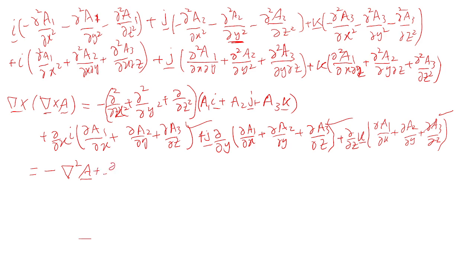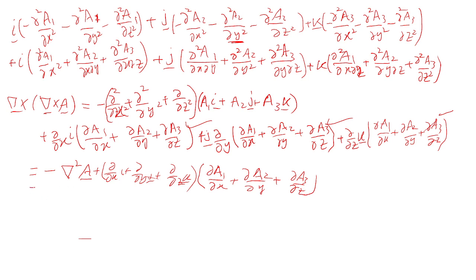That is partial by partial x i, partial by partial y j, partial by partial z k, and that partial a1 partial x, partial a2 partial y, partial a3 partial z.